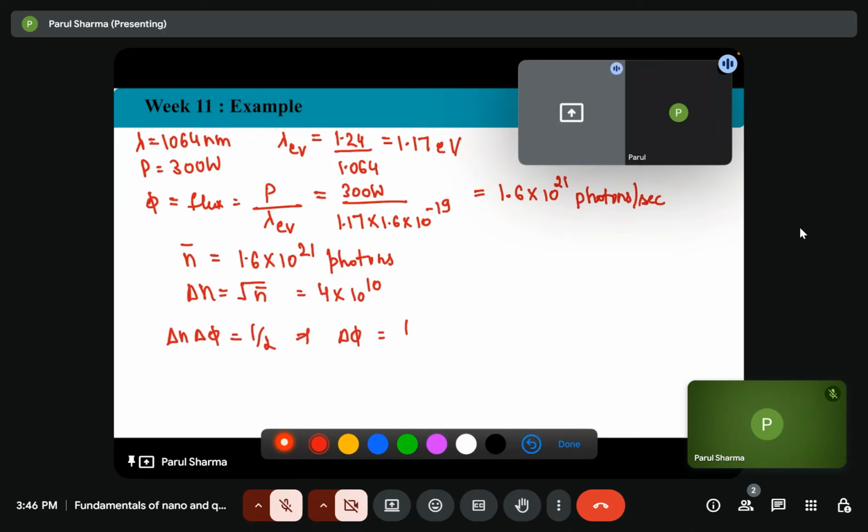Delta phi is equal to 1 by 2 delta n, which will give us the 1.25 into 10 raised to power minus 11 radians. Now, delta L by lambda is greater than delta phi by 2 pi.